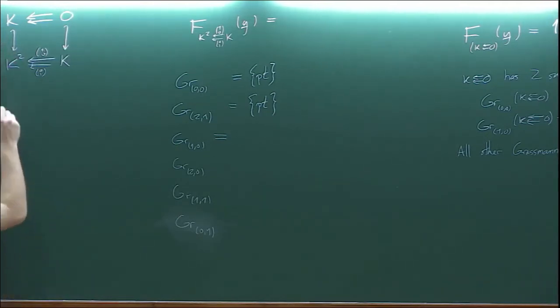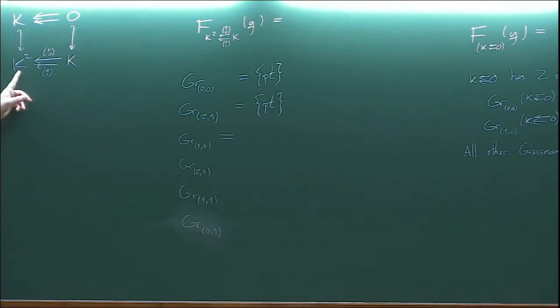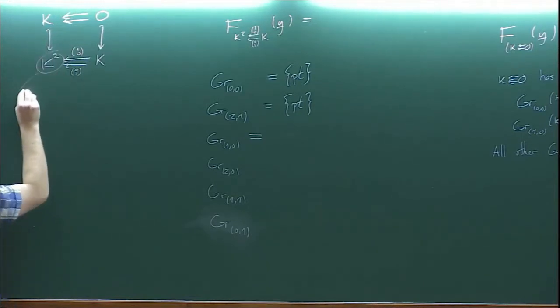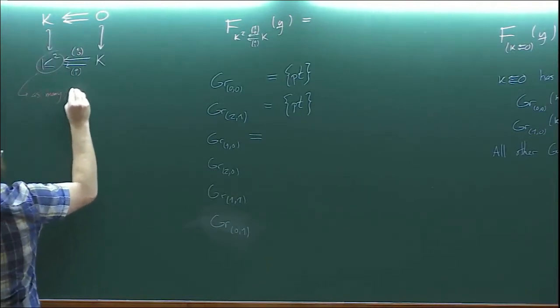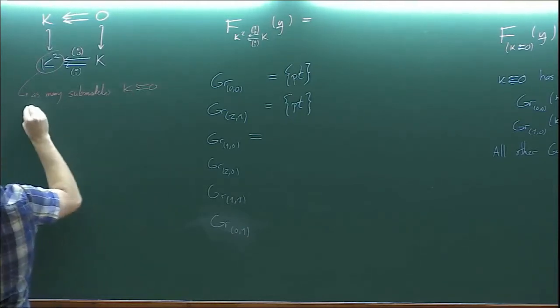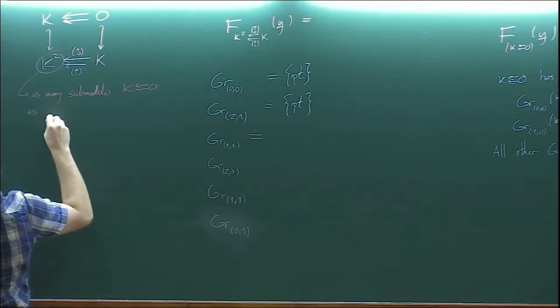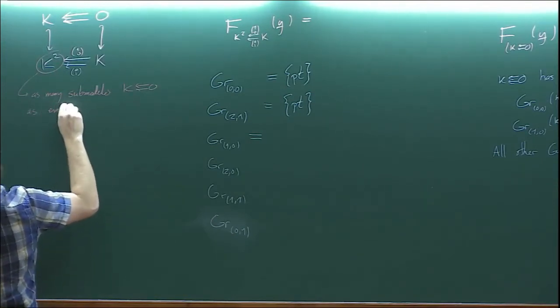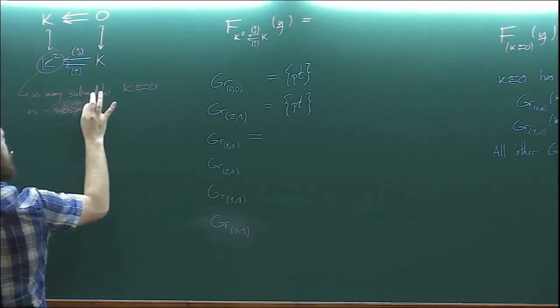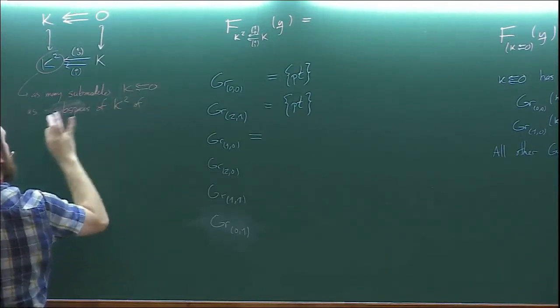So this embedding here can be an embedding towards any subvector space of dimension 1 of this copy of K2. So I have as many submodules of this form as I have subspaces of K2 of dimension 1.